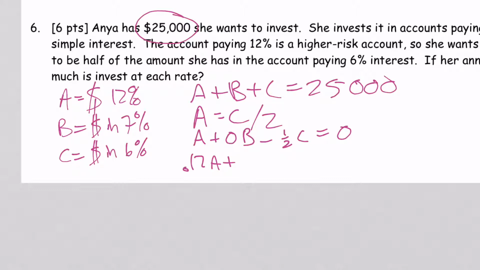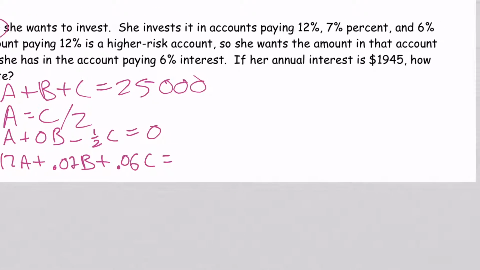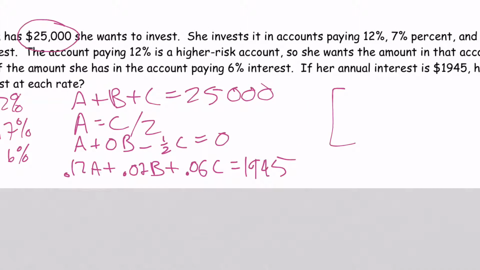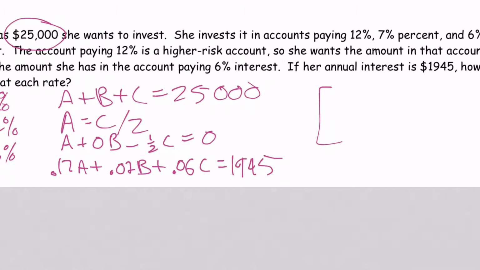Plus, for B, we get 7%, so 0.07B, plus 6% of C, so 0.06C, equals the amount I've earned, which is 1,945.